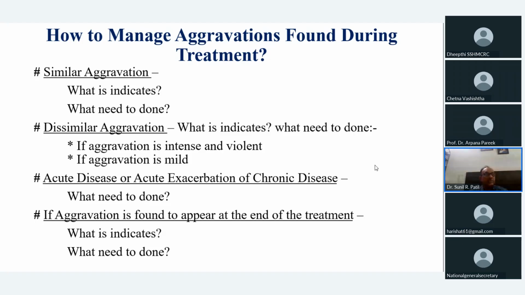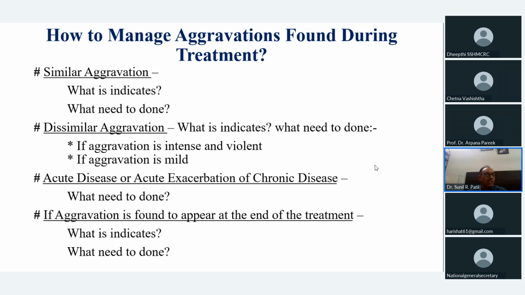The first prescription was wrong. That time, what needs to be done? First point, if the aggravation is intense and violent, an antidote is to be applied to neutralize the action of the first prescription.